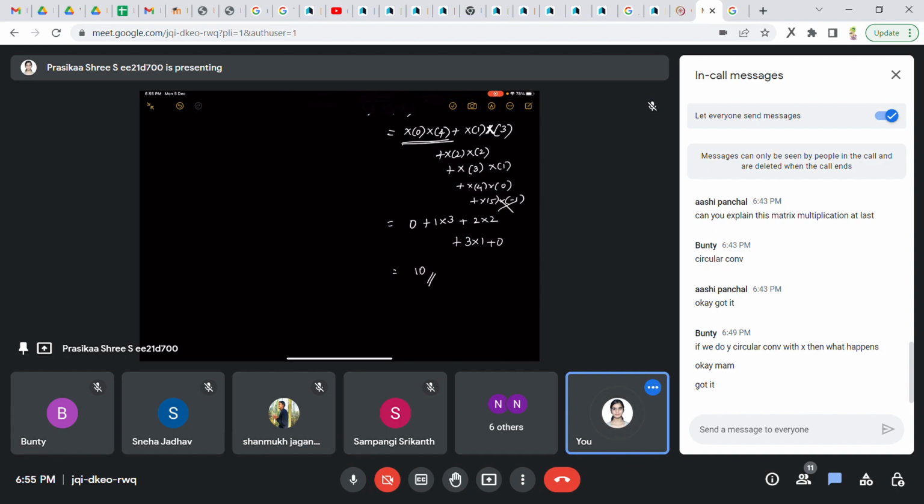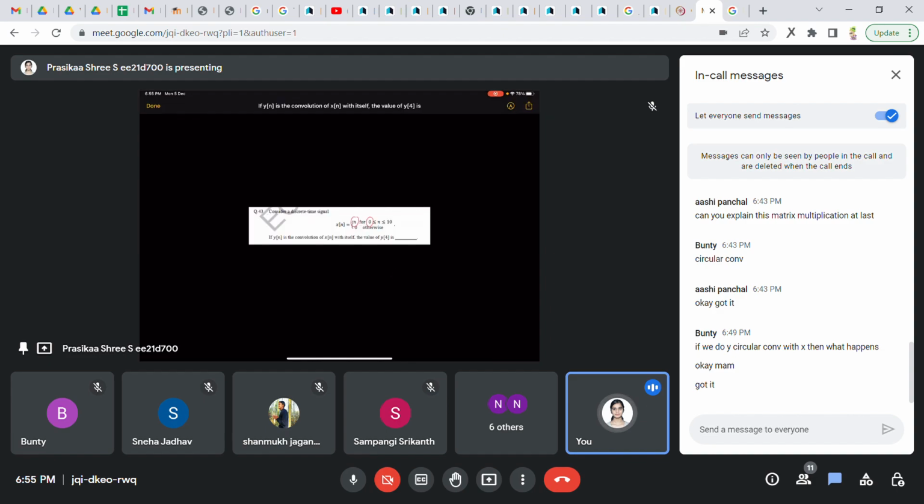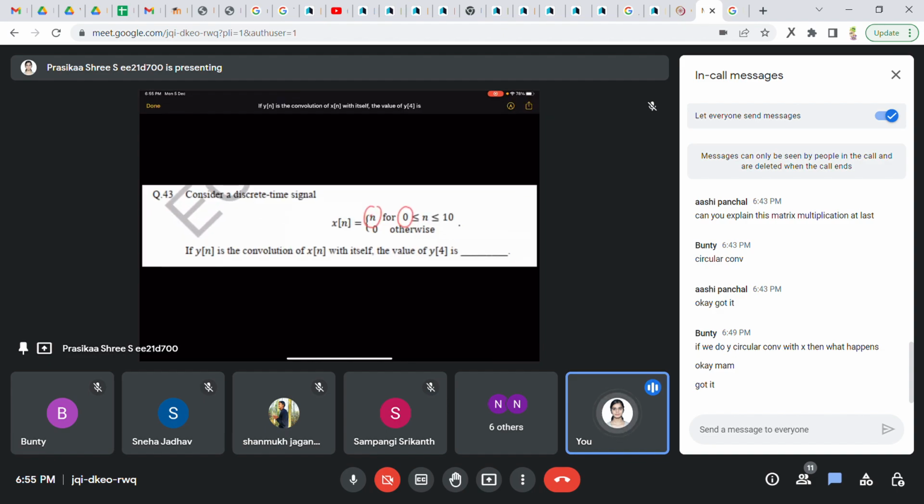Clear with this? You know how to go on with convolution and then compute whatever value they are asking for. For example, if they are asking for y of 0 or y of 1 or y of 2, just substitute in the standard formula given in the textbook, and then go for either the graphical method or just substitute in the summation, depending upon the question.